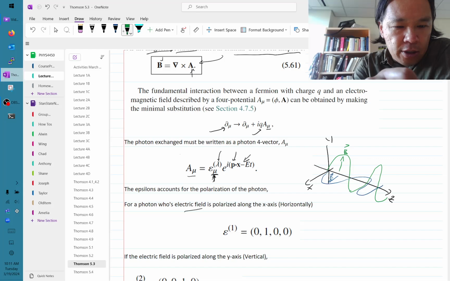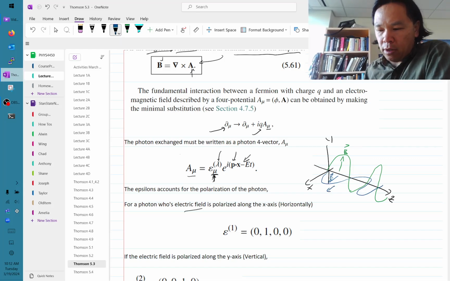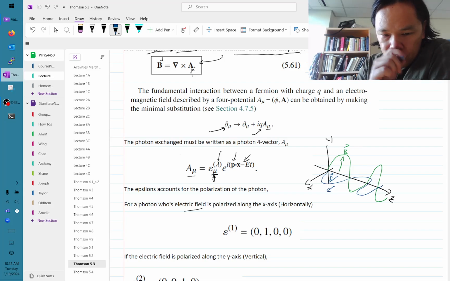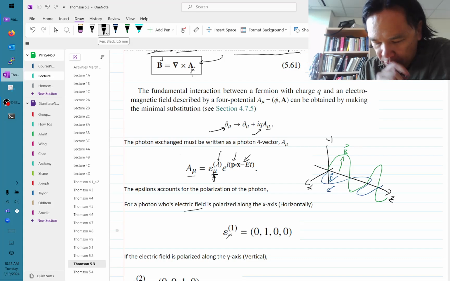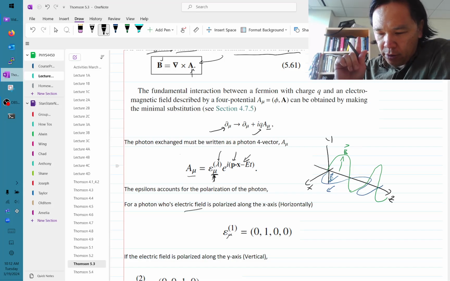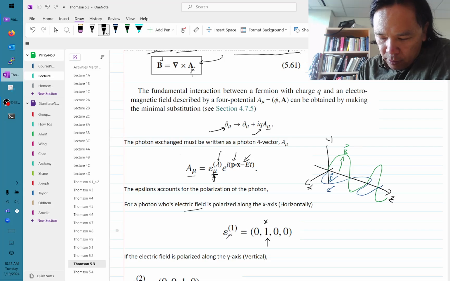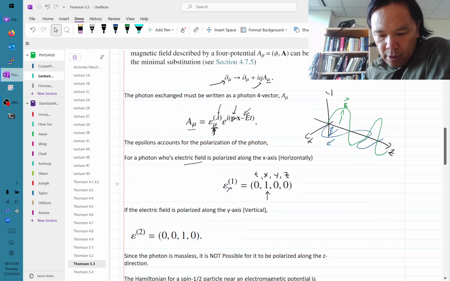And by convention, we pick the electric field to be the direction of the polarization. So if the polarization is along the x-axis, this 4 vector is going to be the first polarization index 1, and that's going to be polarized along the x direction. So remember, this is time, x, y, z. The rest of the components are 0.